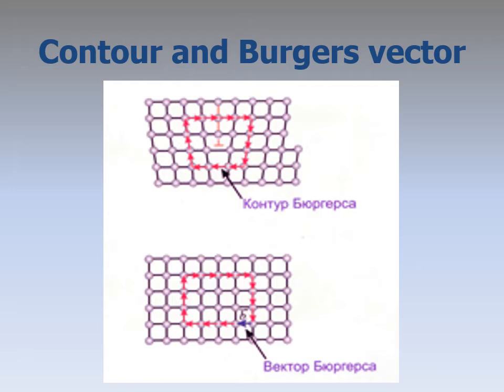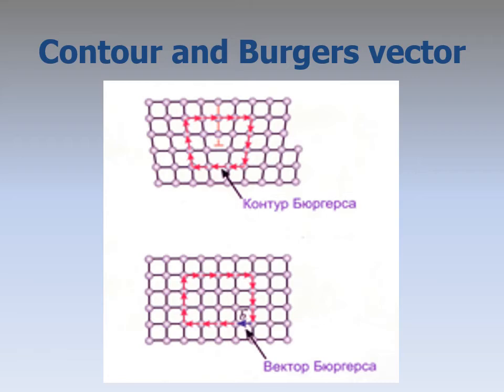Burgers contour is a closed loop of an arbitrary shape built in a real crystal through the sequential bypass of the defect from atom to atom in a perfect crystal region. Here is the ideal crystal. This is a real crystal with dislocation and with the Burgers vector.